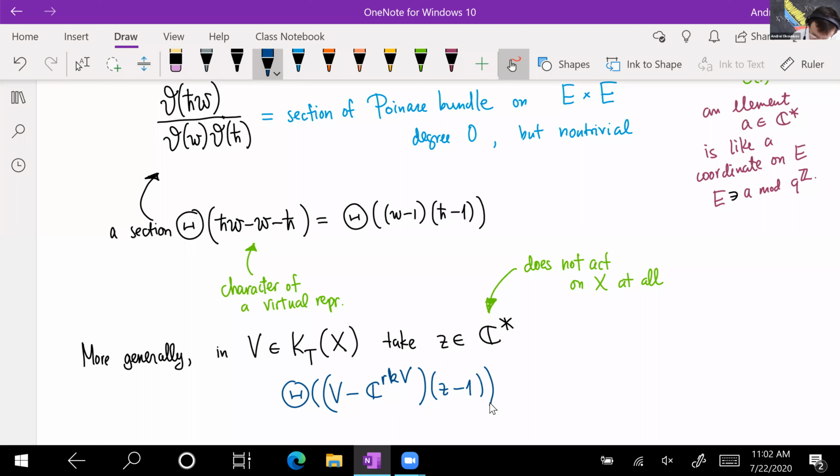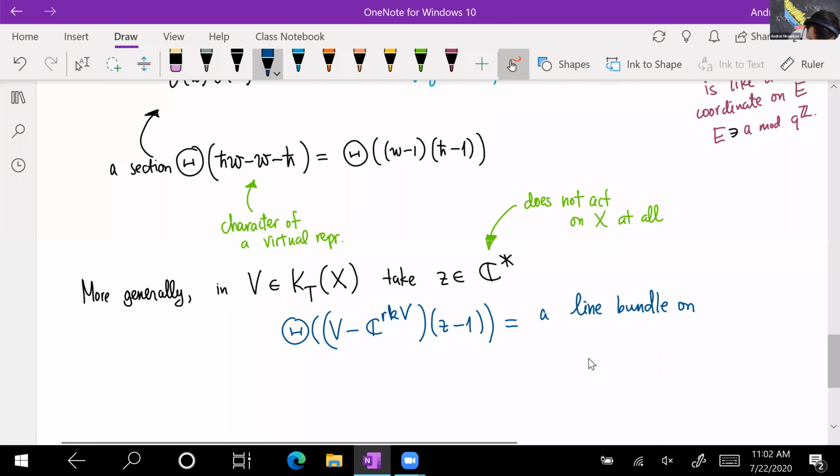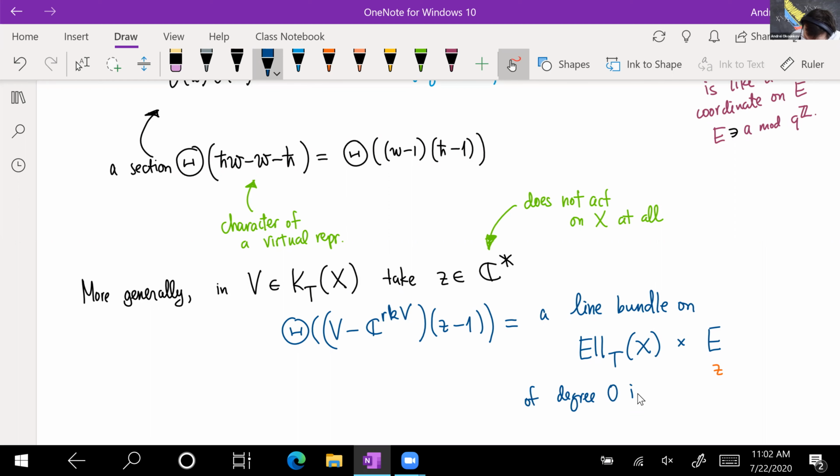What's it going to be? Maybe this would be a line bundle on, we take the spectrum of T-equivariant elliptic homology of X cross just another copy of E, which is just where this variable Z lives. And this is of degree 0 in either factor.